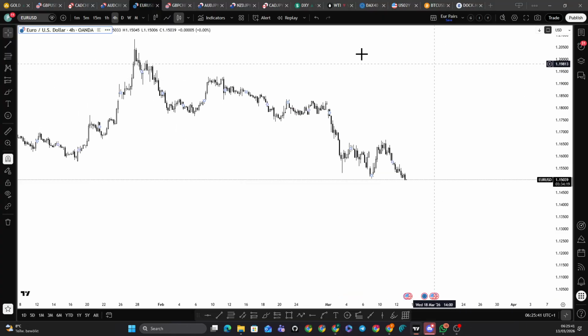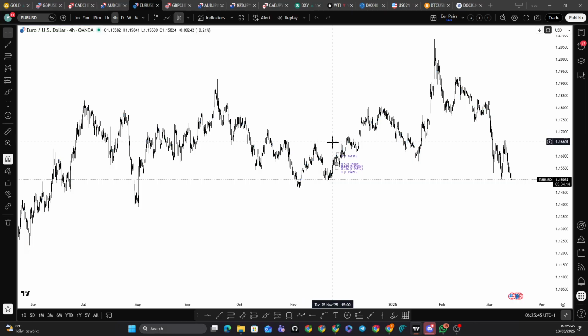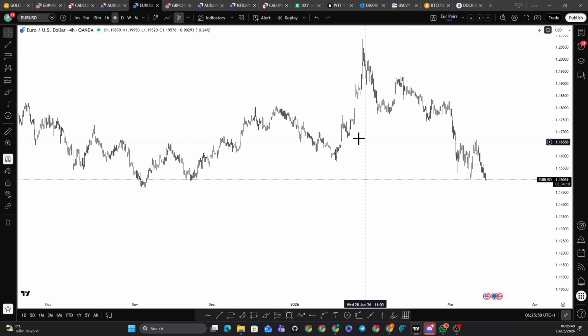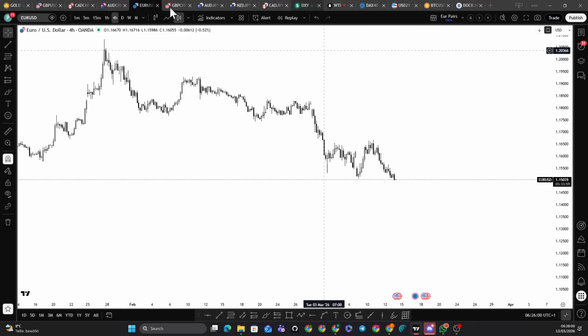So still the fundamental outlook for the euro is bearish, because the European Union is one of the highest oil consuming zones in the world. So with higher oil prices, the economic activity will also start to drop.